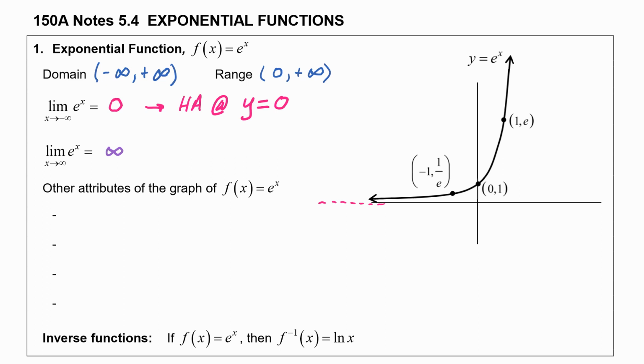Some other attributes of the graph of f of x equals e to the x that we notice: over its entire graph, it is increasing. So that's for all x. We can see that it's always concave up for all x.